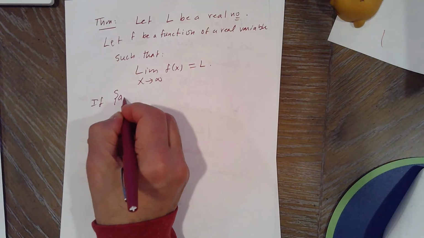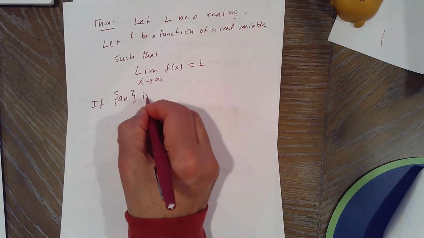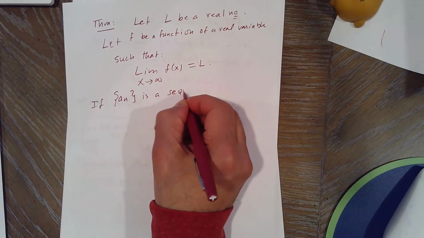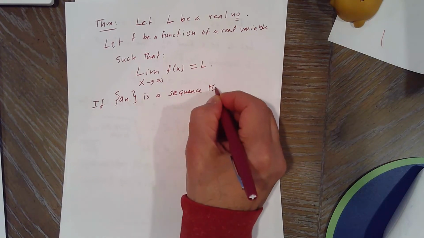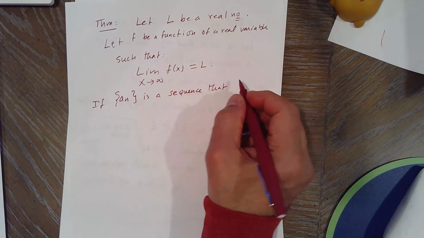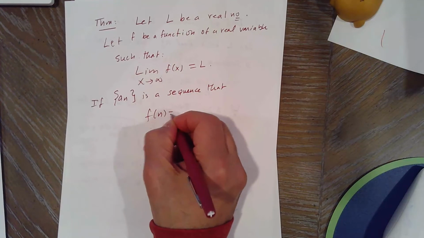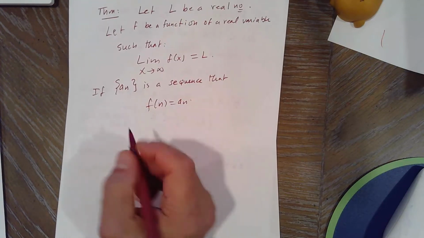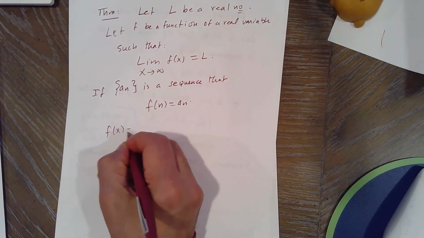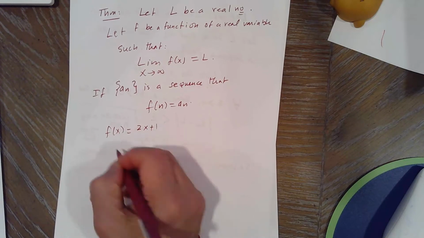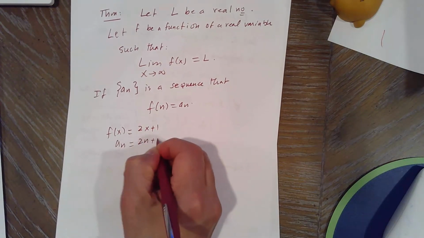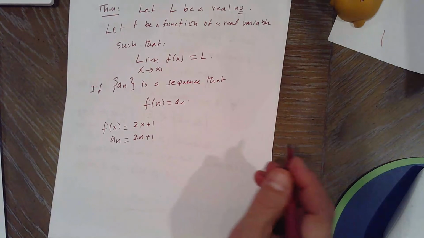If An is a sequence such that f of n equals An. So for example, if f of x equals 2x plus 1, that means An is going to be 2n plus 1. So it's a matching sequence, okay?